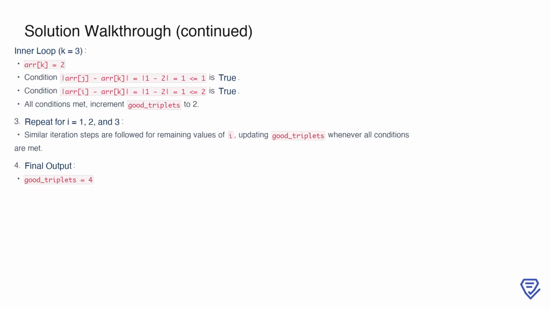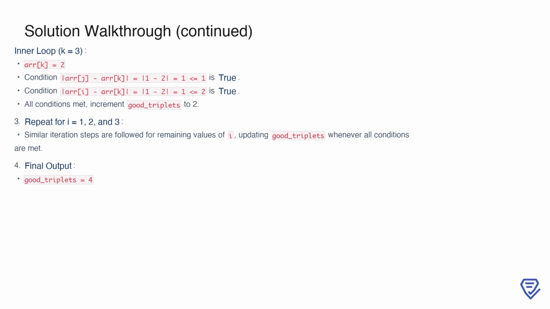Next, for k equals 3, where arr[k] is 2, the second condition equals 1 and satisfies b less than or equal to 1. The third condition also equals 1 and satisfies c less than or equal to 2. Thus, we increment good_triplets to 2.